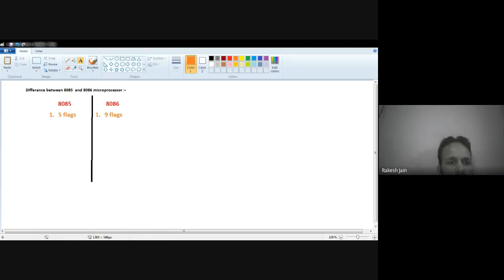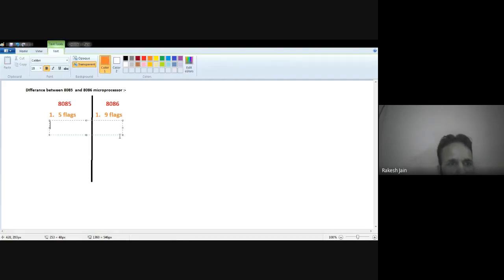The second one is that the 8085 microprocessor is an 8-bit microprocessor because an 8-bit data bus was there, but in the 8086 there is a 16-bit data bus. So I write down this reference also: this is an 8-bit processor, whereas the 8086 is a 16-bit microprocessor.